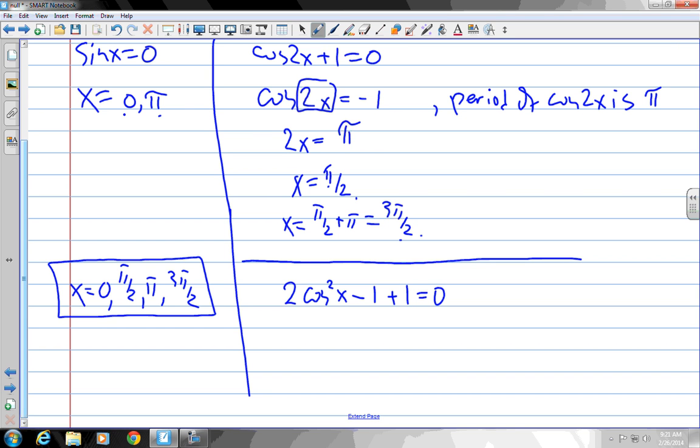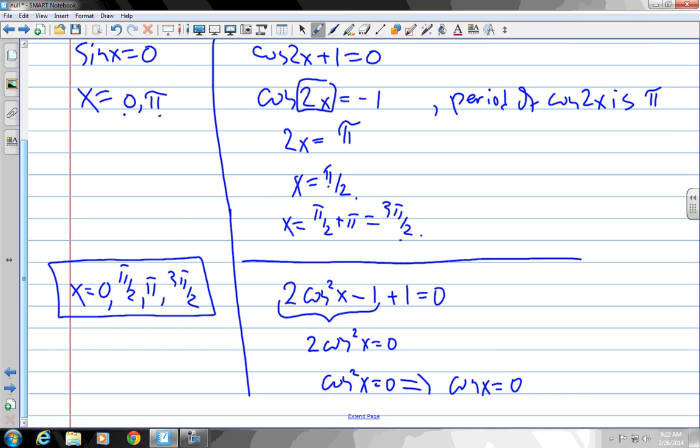The 1's cancel, so I'm down to 2 cosine squared x equals 0. The 2 is irrelevant, so cosine squared x equals 0. Taking the square root, cosine x equals 0. When does cosine equal 0? At pi over 2 and 3 pi over 2. So you get those 2 solutions.